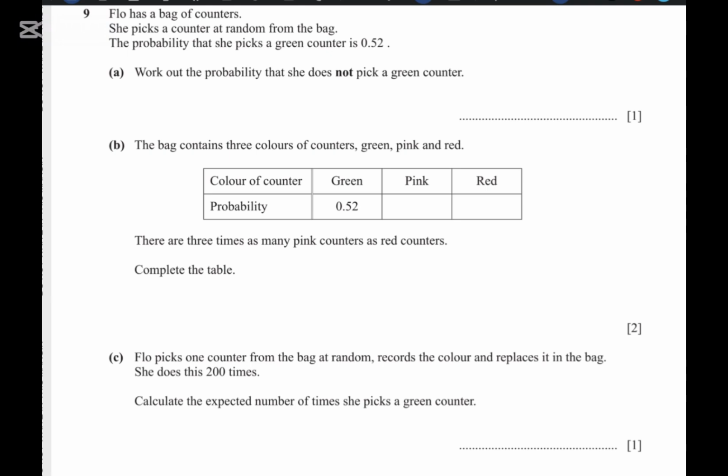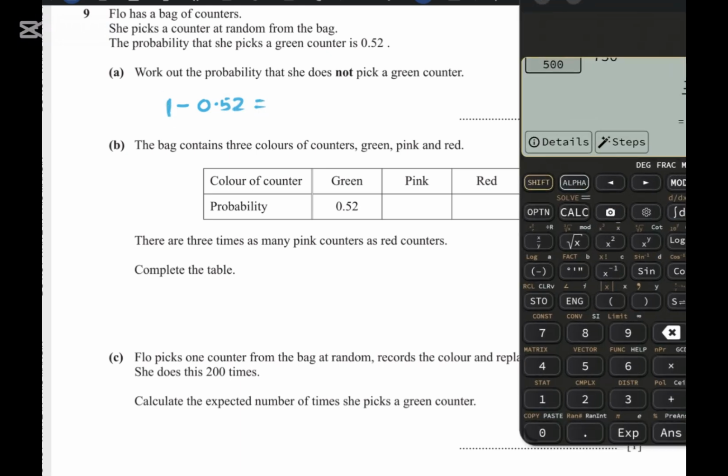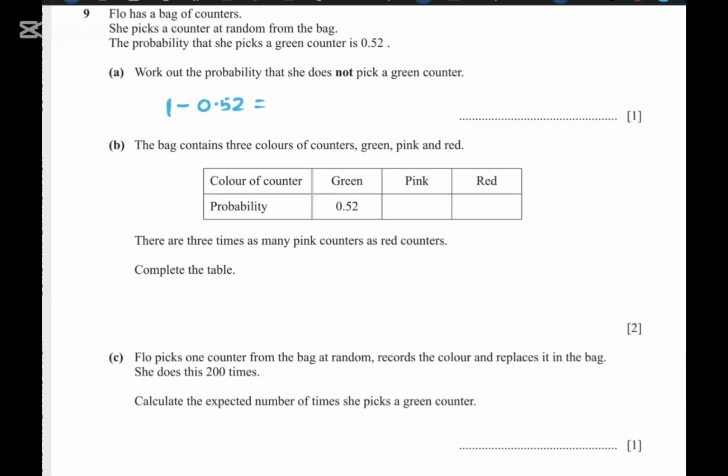Whenever "not" is asked, you have to take 1 and subtract the given probability. So 1 minus 0.52 is 0.48. So 0.48 is the probability that she does not pick a green counter.